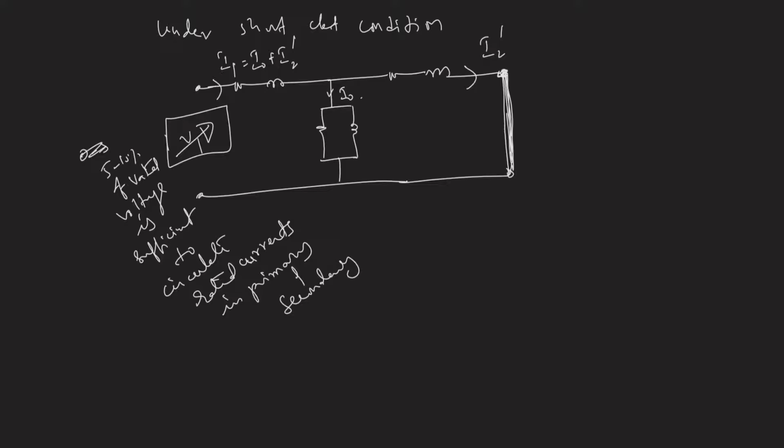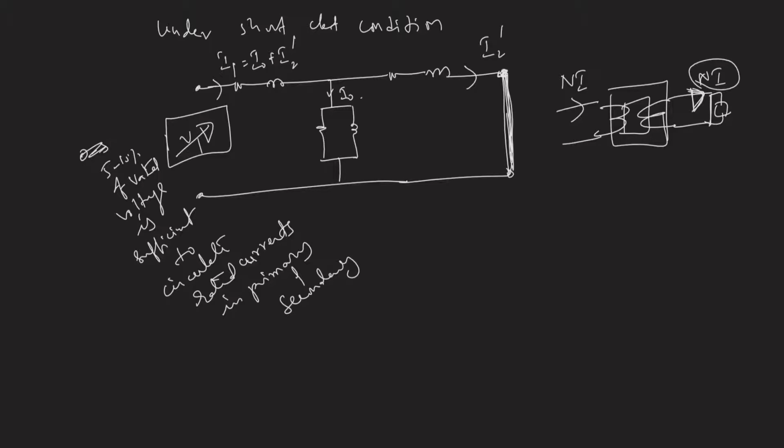We know that in the transformer, whatever ampere turns are drawn from the secondary side, the same amount is drawn from the primary side, whether it is a load or a short circuit. The ampere turns drawn from the secondary terminals are compensated in the primary side by equivalent ampere turns.